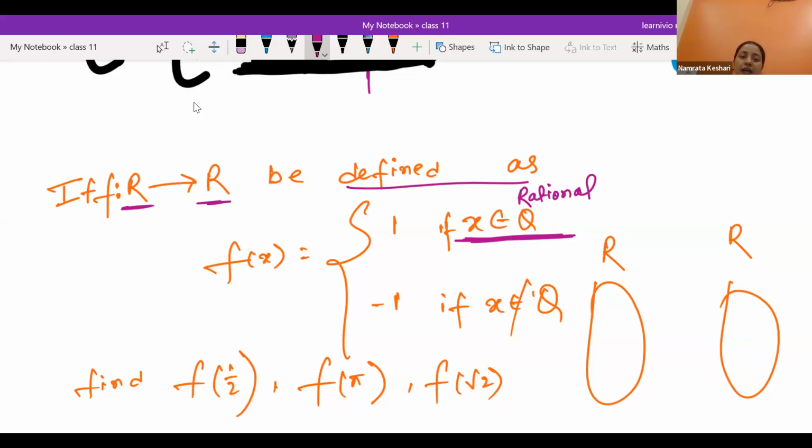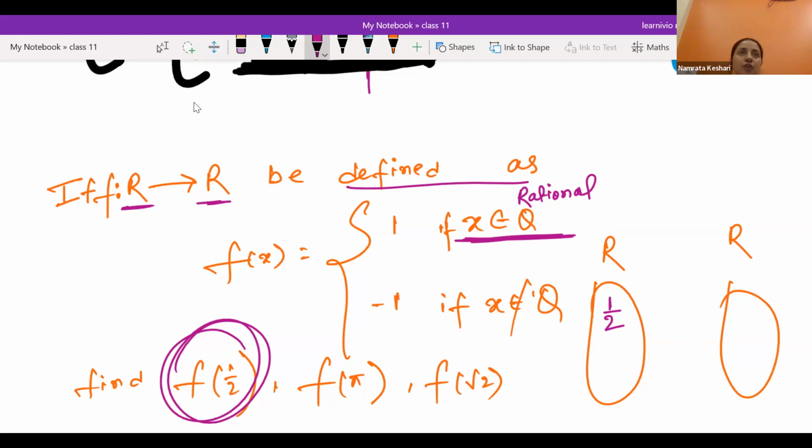So if you take f of 1 by 2, is 1 by 2 a rational number? Yes, ma'am.